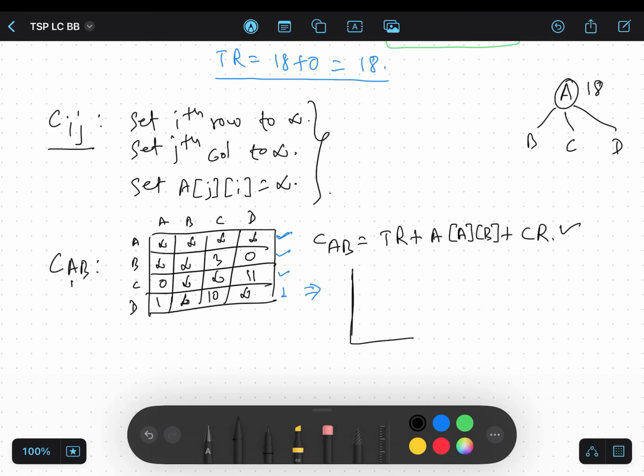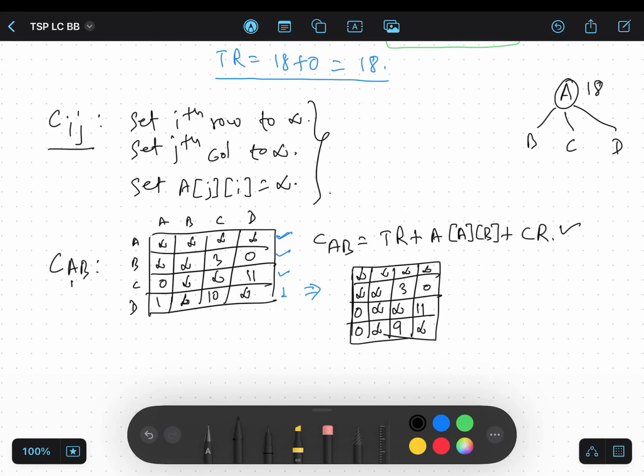So reducing will give us 0, 1 minus 1, infinity, 10 minus 1 is 9, and infinity.